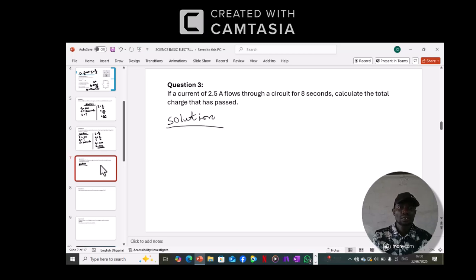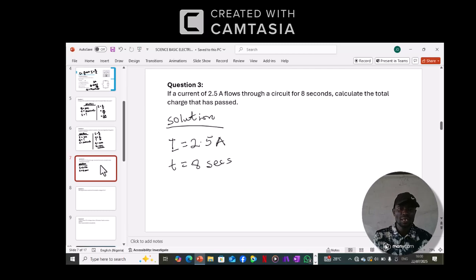The current given, I equals 2.5 amperes. Then for 8 seconds, time is given, 8 seconds. Then calculate the total charge.